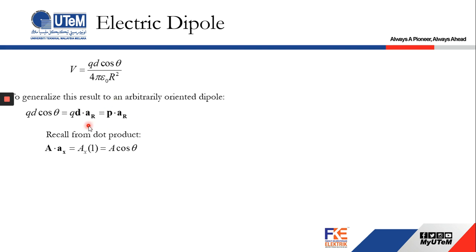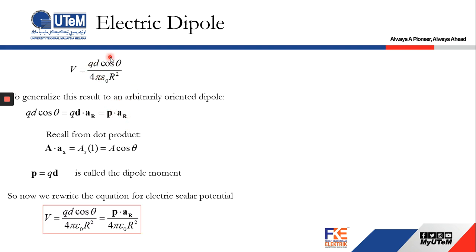Furthermore, we want to simplify QD here. So we represent QD as another vector P, where P equals QD is called the dipole moment. So now we utilize this equation and put it back into the equation for electric scalar potential. So we have this equation here.